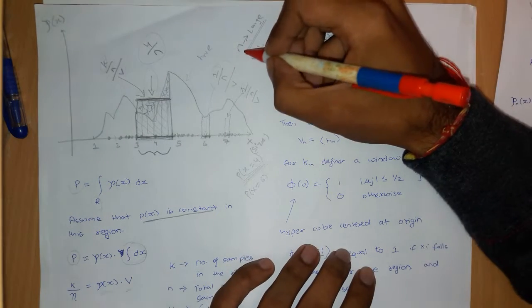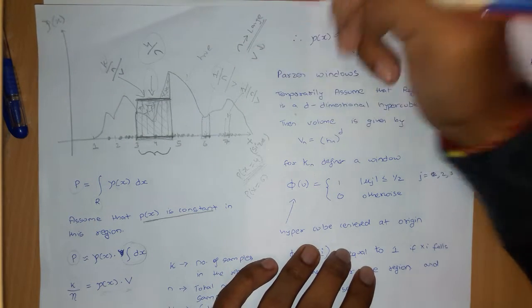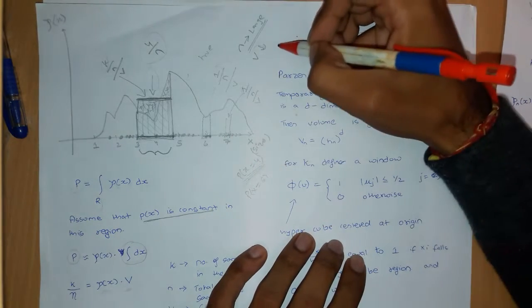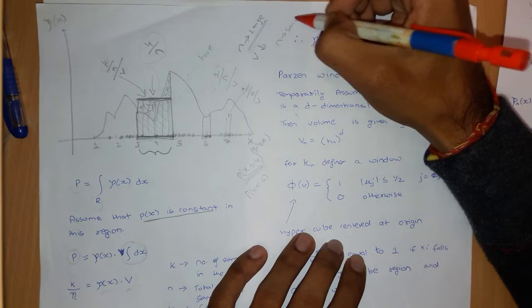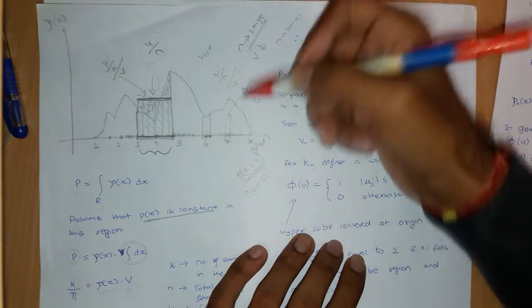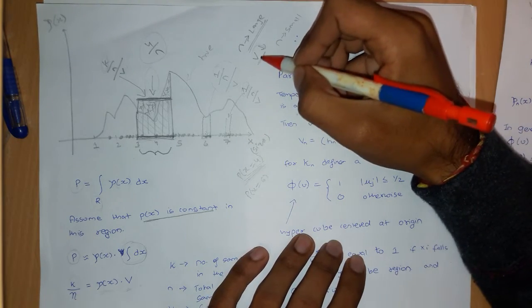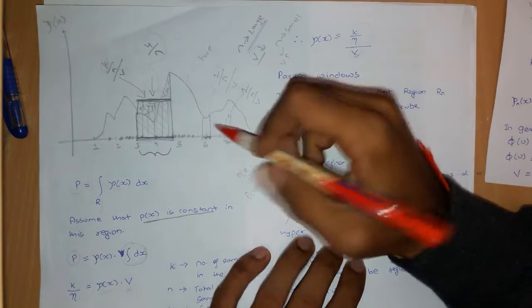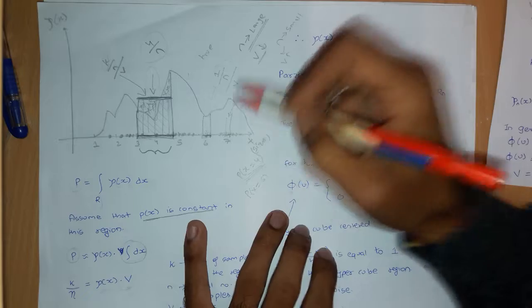So when n is large, I can reduce the volume of the region. But when n is small, I cannot have a very low value of v. I will have to have a moderate value of v.